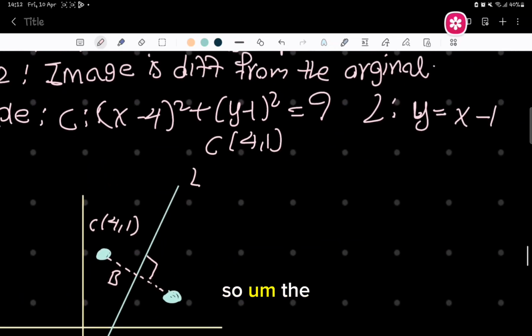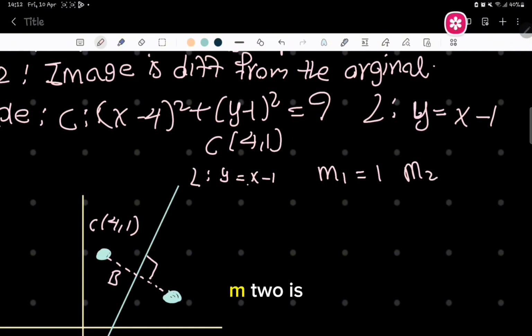The line of reflection has the equation y equals x minus 1. So if m1 is equal to 1, m2 is going to be minus 1.